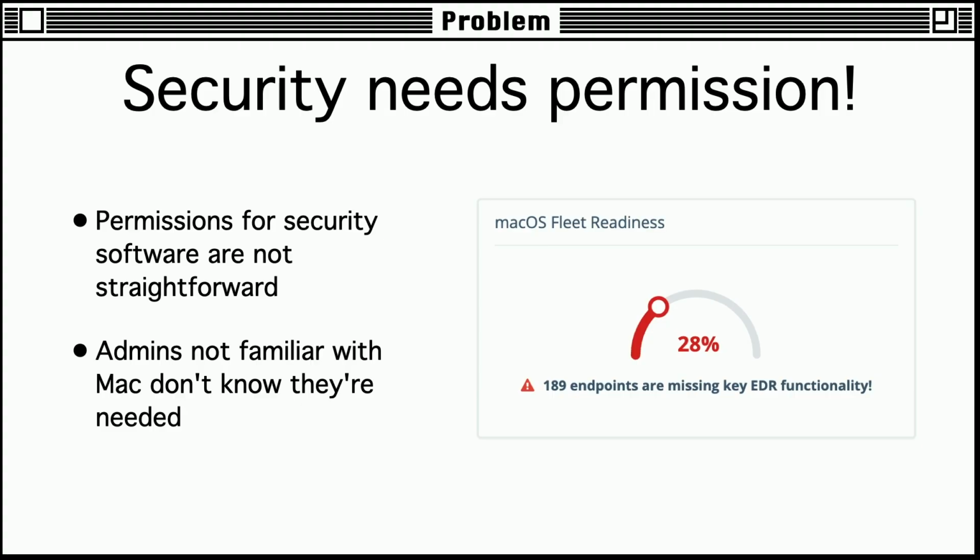You had to have a kernel extension. That could cause kernel panics. It could cause all kinds of problems. Apple didn't like that, justifiably. So they created the Endpoint Security Framework, and that means security products need some kind of permission to run.